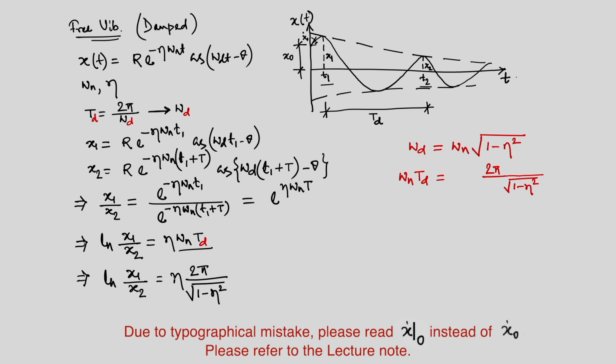Now, on the right hand side, if you notice, this is a non-dimensional constant. So, we call it delta. So, in the logarithmic scale, what is this delta? This is called logarithmic decrement.